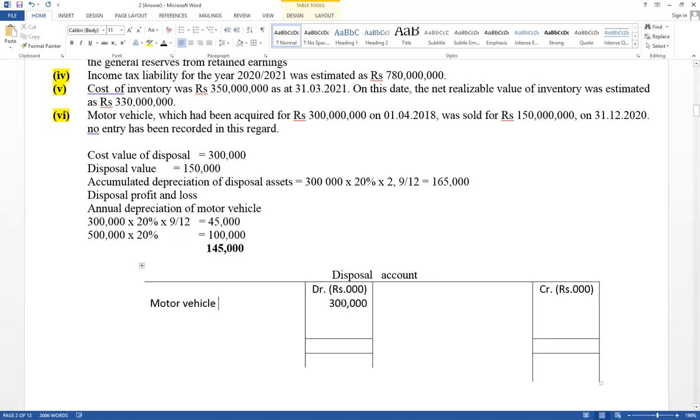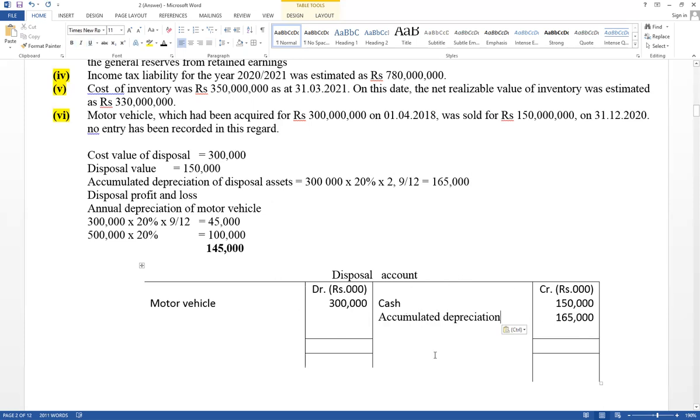And the disposal value: cash account debit, disposal account credit 150,000 as cash. And accumulated depreciation account debit, disposal account credit 165,000.